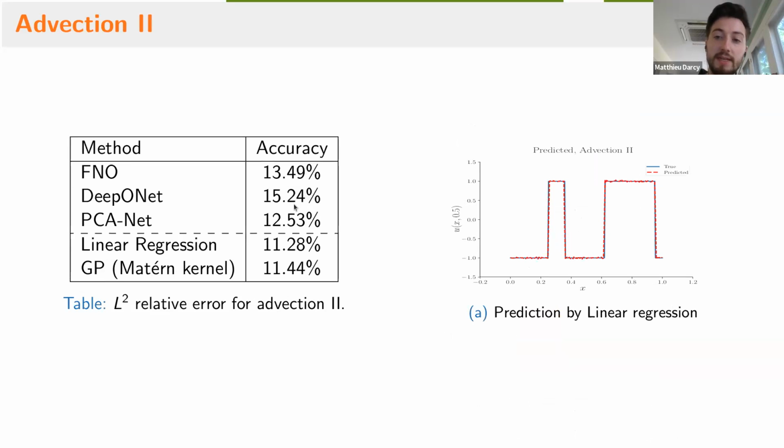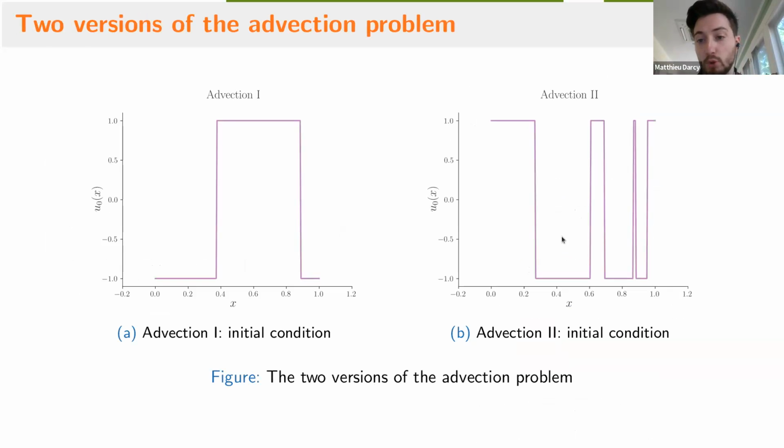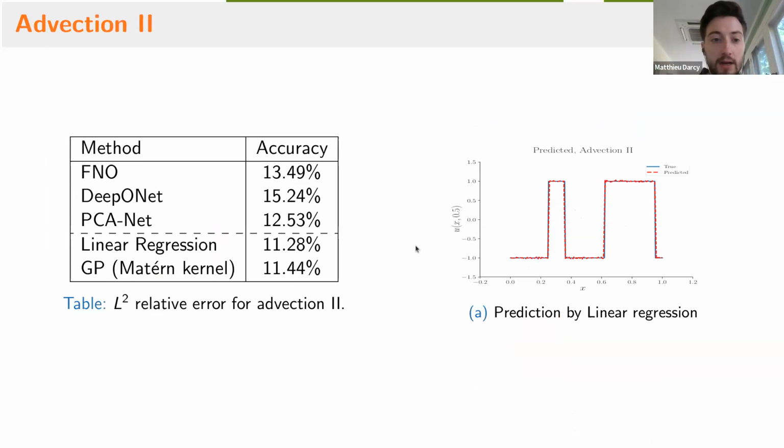But what's really interesting is once you change to the other measure, so once you look at waves which can have multiple waves and the number of waves is random, you get much worse accuracy across the board. All methods do a lot worse.